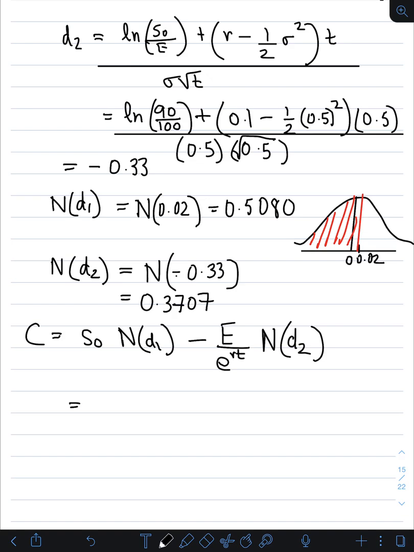Okay, now we have all the components we need to be able to plug into our actual formula to find out what's the value of the call option at this point in time. Okay, so this is our formula for the call option. S0 is 90. N of D1 is here, 0.5080.